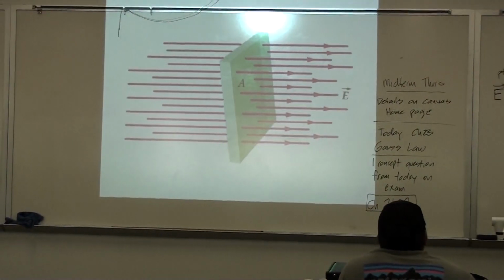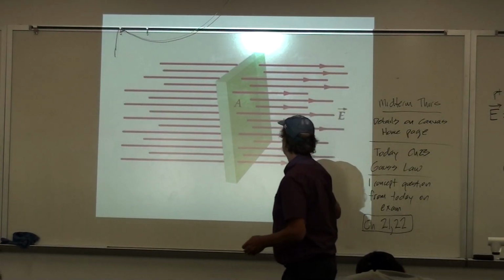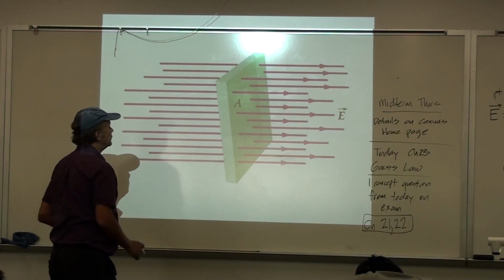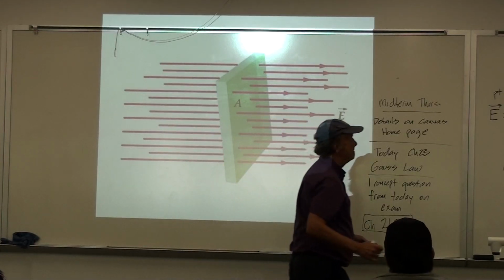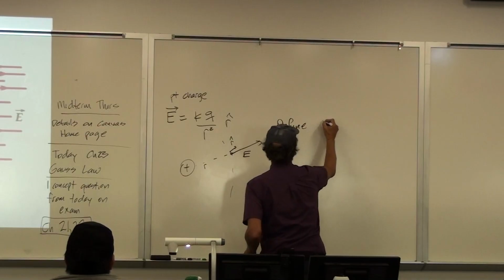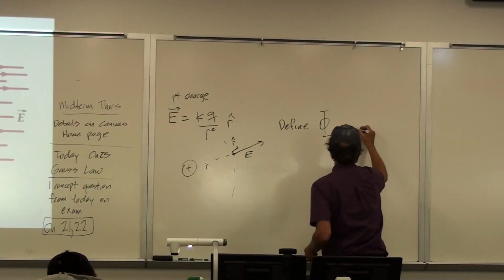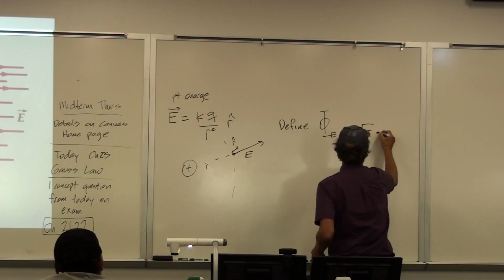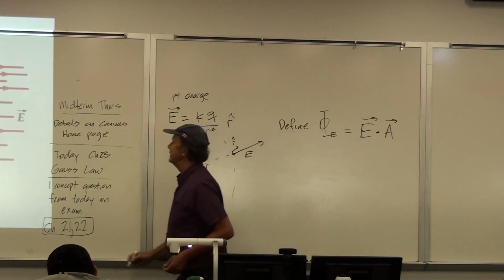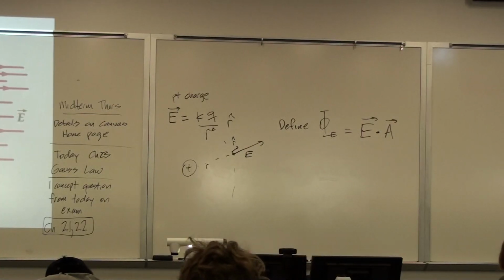electric flux. Okay, so here we can define electric flux as being the strength of the electric field over the area, which I can write as E dot A, where E is a vector that points in the direction of the electric field.